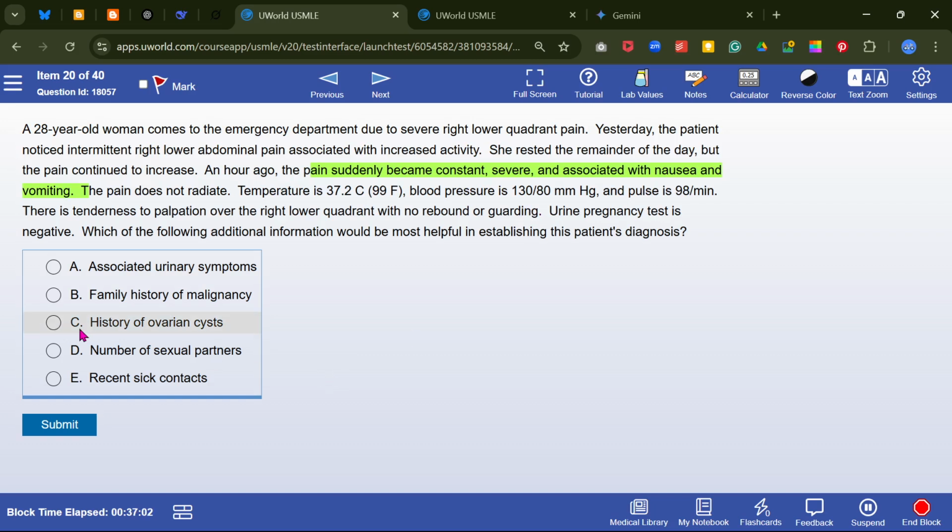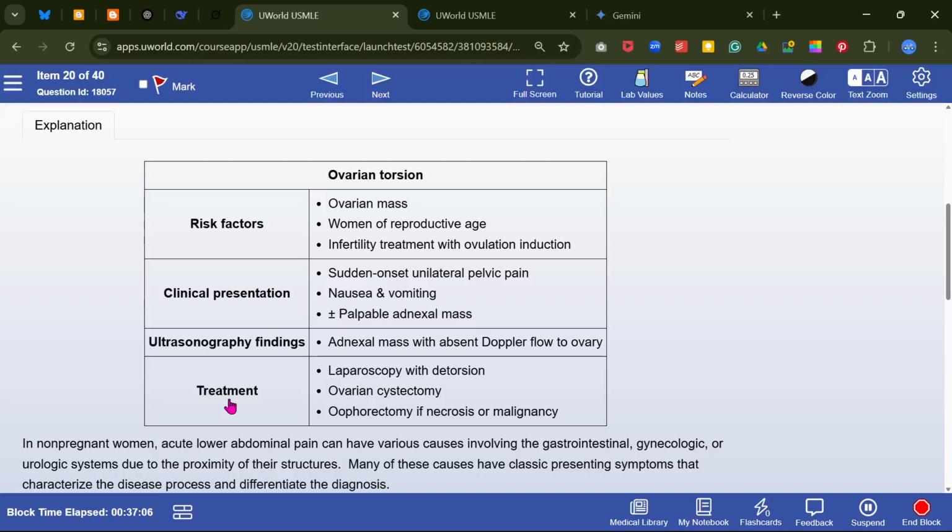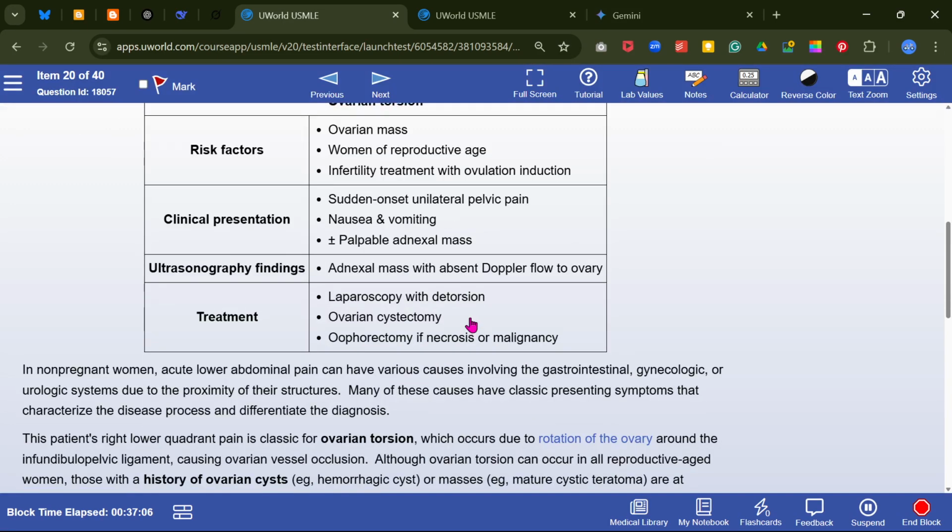Is it history of ovarian cyst? It's torsion. Okay. In non-pregnant women, acute lower abdominal pain can have various causes involving the GI, gynecologic, or urologic system due to proximity of their structures.